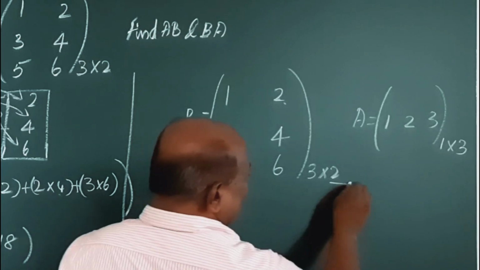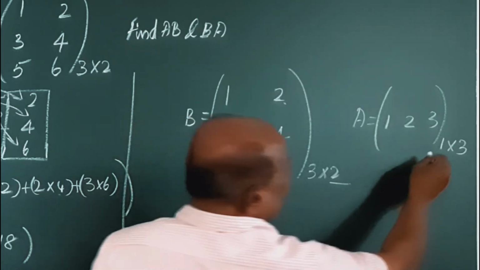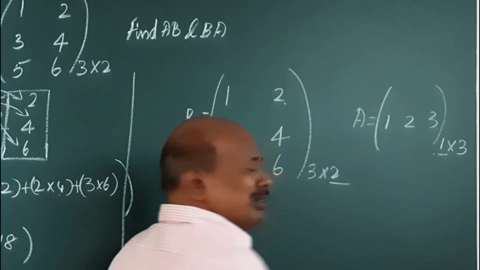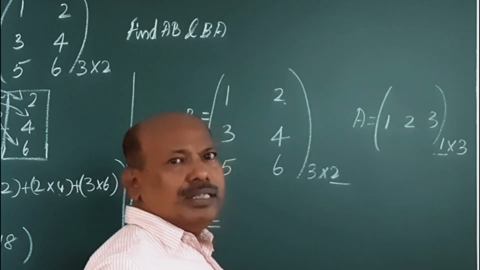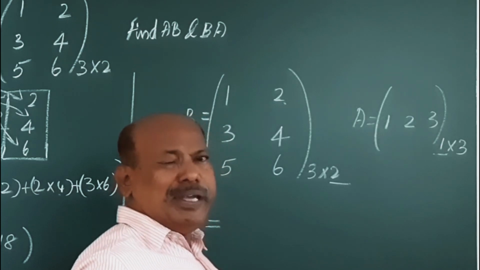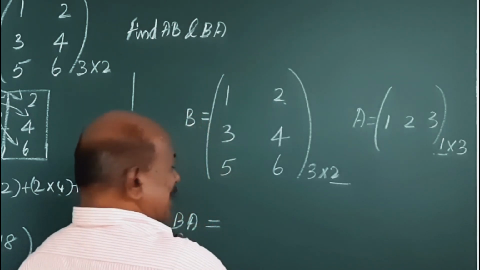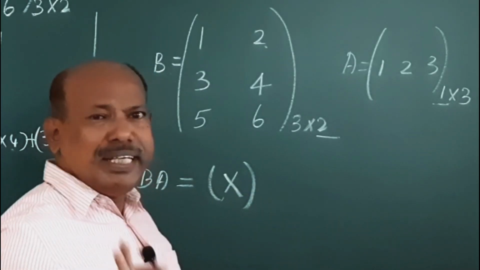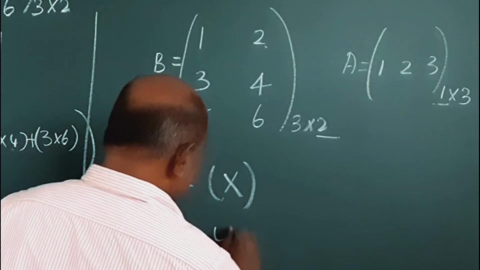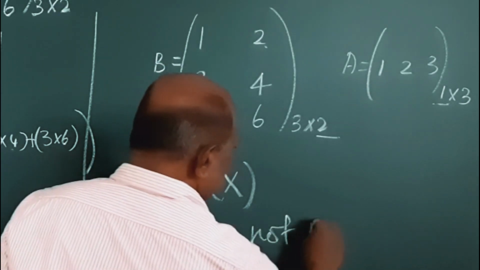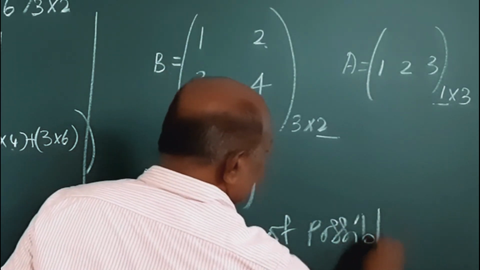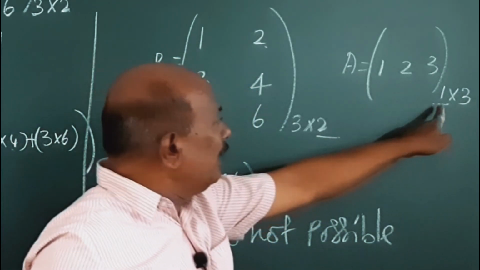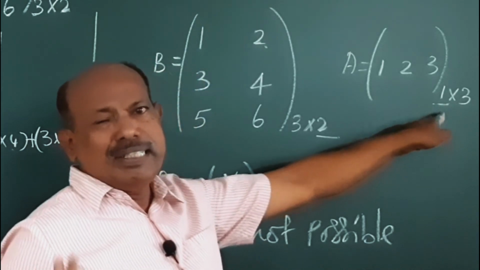Here the columns of the first matrix is 2, the rows of the second matrix is 1. So it is not equal. In this case, B into A, that is the B matrix multiplied with the A matrix, is not possible, because the columns of the first matrix is not equal to the rows of the second matrix.